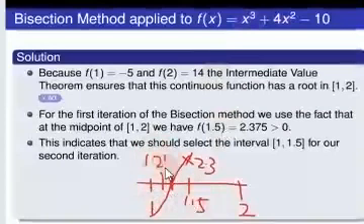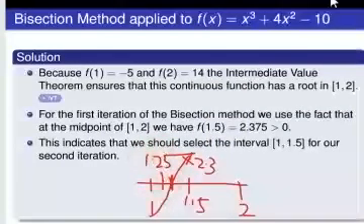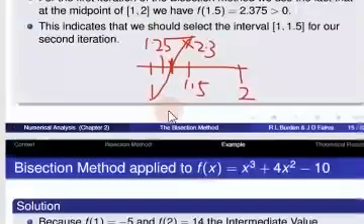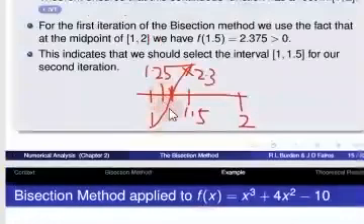This is the midpoint. Then you find the function value at this point, which is negative. This one is negative, that one positive, right?